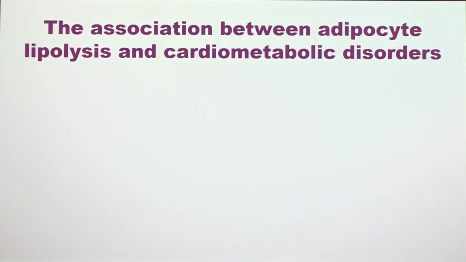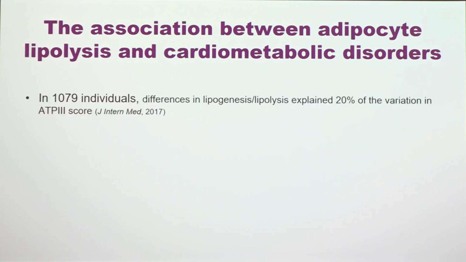in our bodies. So what have we shown regarding the association between adipocyte lipolysis, so lipid turnover basically, and cardiometabolic disorders? We showed a couple of years ago that in over 1,000 individuals, differences in lipid uptake in the subcutaneous adipose tissue explain 20% of the variation in the metabolic syndrome score.